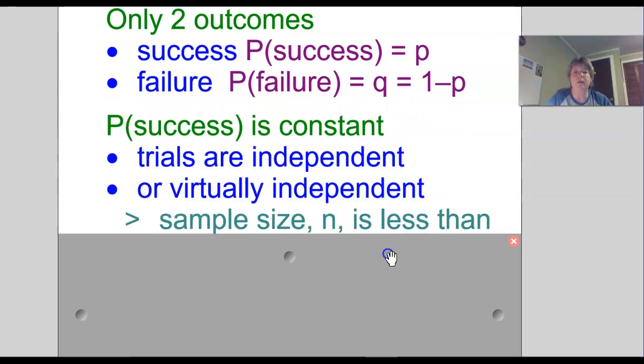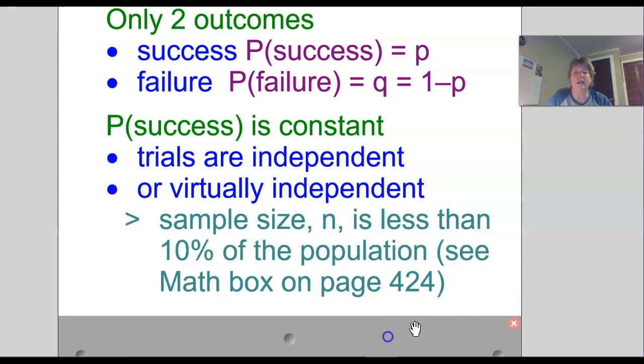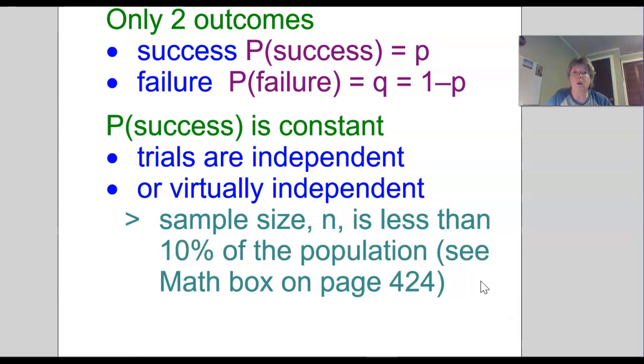So what we're really looking for here is that the trials are either independent or what I'm going to refer to as virtually independent. Trials that are independent are things like rolling a die, tossing a coin, or spinning a spinner, where if I roll a die and it comes up a 2, the next time I roll it, the probability of it coming up a 2 is still the same.